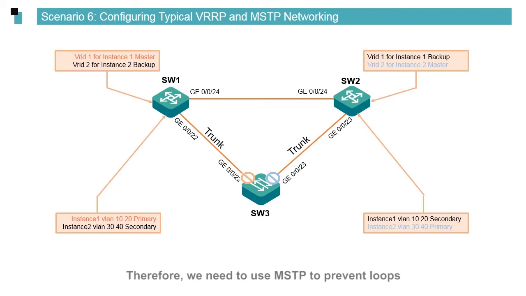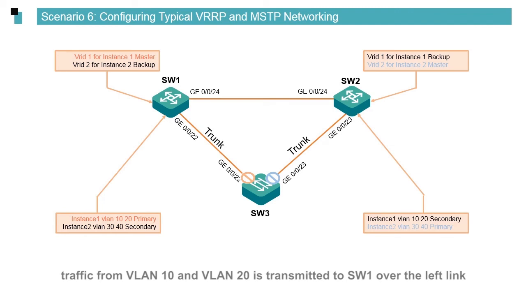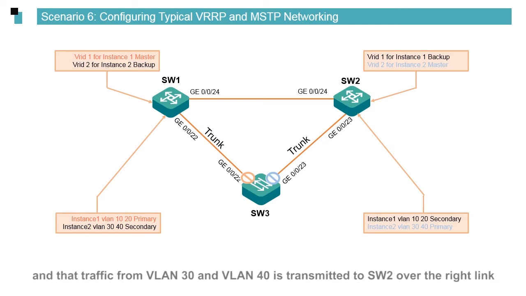Therefore, we need to use MSTP to prevent loops. However, we cannot block interfaces randomly. We need to ensure that traffic from VLAN 10 and VLAN 20 is transmitted to SW1 over the left link and that traffic from VLAN 30 and VLAN 40 is transmitted to SW2 over the right link.